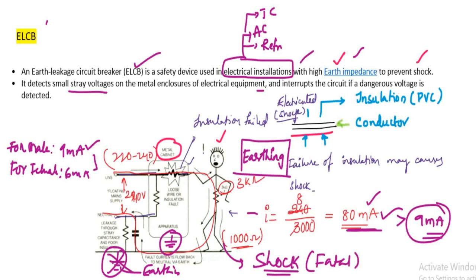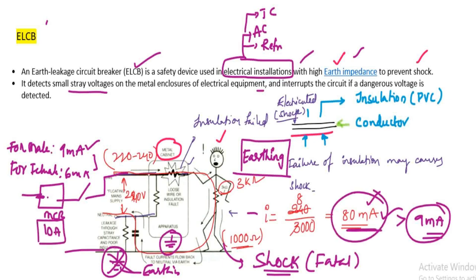We need to open circuit the source when there is a short circuit, right? So that is what is happening. And what is the function of the MCB here? Let us say there is an MCB connected before this supply. This MCB has a 10 amps rating. So this MCB can't detect this 80 milliamps, because 10 amps is very much larger compared to 80 milliamps. This MCB won't operate here. That's why we need an extra breaker, called the earth leakage circuit breaker.